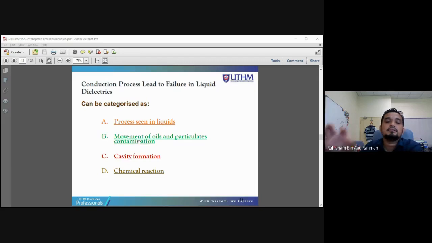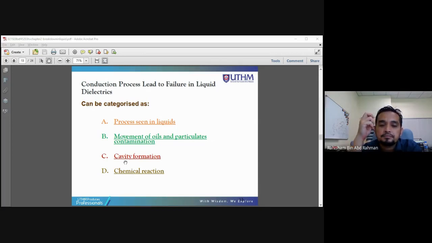Movement is due to the convection of the oil. The transformer oil liquid moves from top to bottom and then bottom to top and touches the metal surface, which leads to failure or discharge activity. Then cavity formation, the formation of air bubbles, voids or water bubbles within the liquid dielectric.